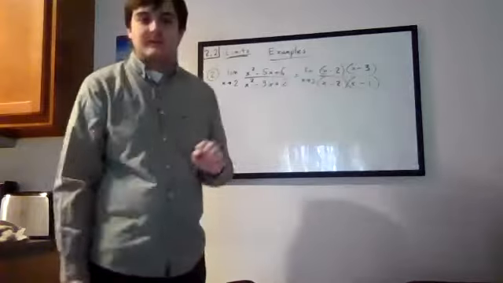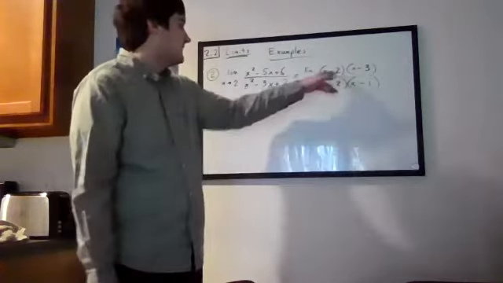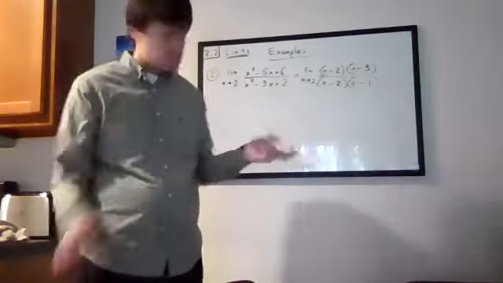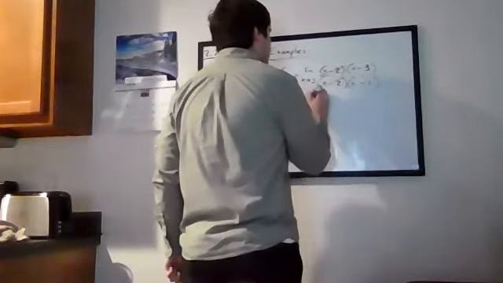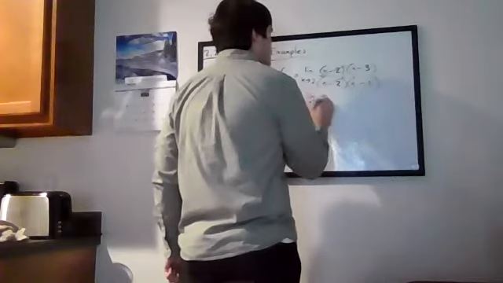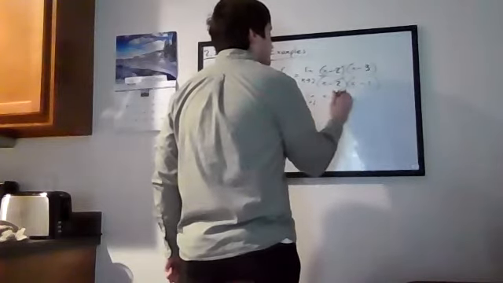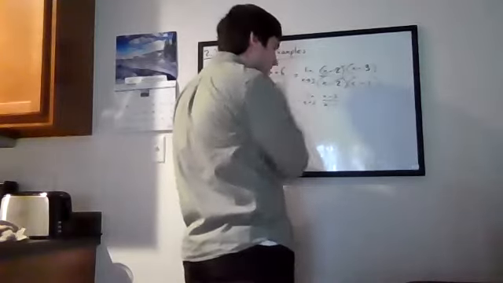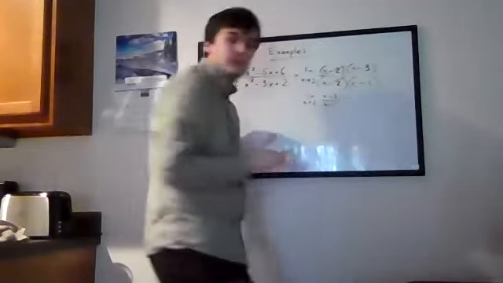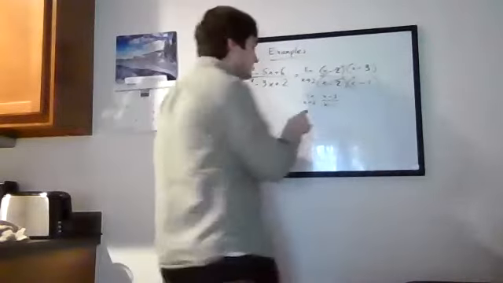Now what's going to happen here? We see that x minus 2 and x minus 2 can now cancel. So we're left with the limit as x approaches 2 of x minus 3 over x minus 1. Okay? Which now I can just safely plug 2 into. So what happens when I put 2 into that?